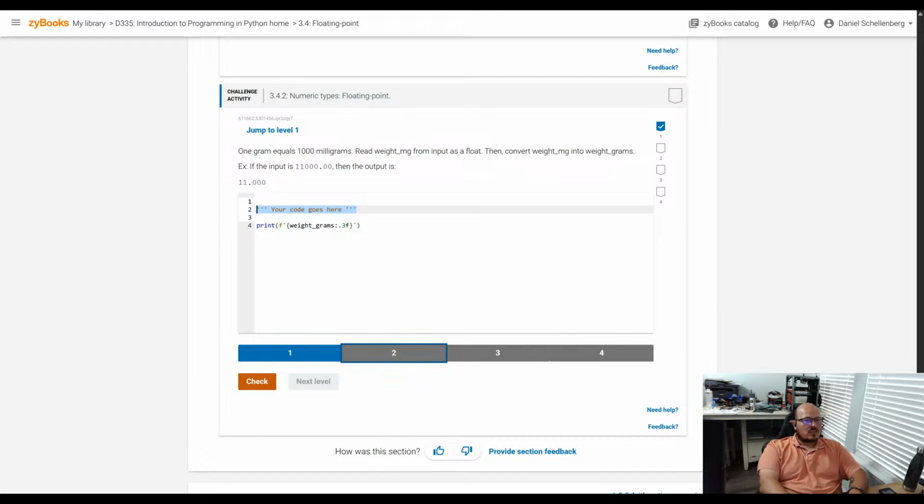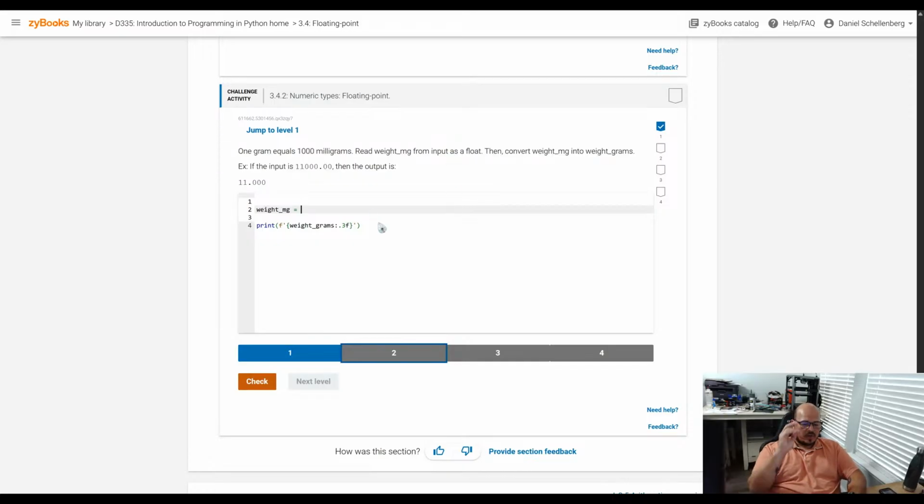So it wants us to read weight milligrams from an input. So we want to create... oh, okay, it told us right here, as a float.